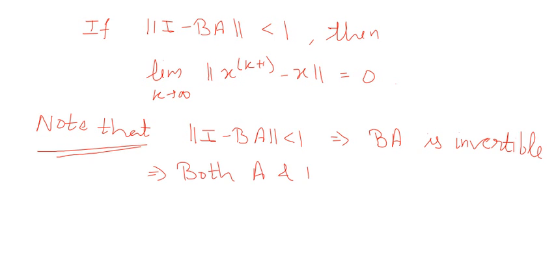This implies both A and B are invertible, using the determinant property.